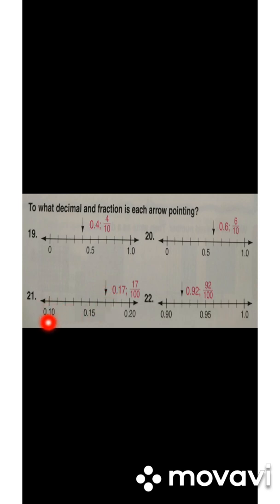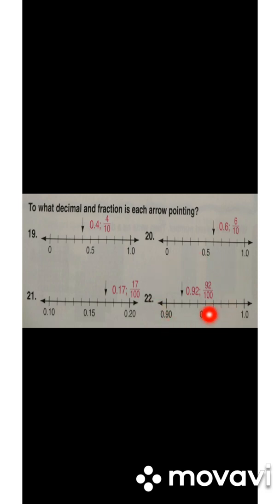After 10 hundredths, this line is 11 hundredths, 12 hundredths, 13, 14, 15, 16, 17 hundredths. We write it as a fraction 17 over 100, 17 hundredths, or 0.17 as a decimal.